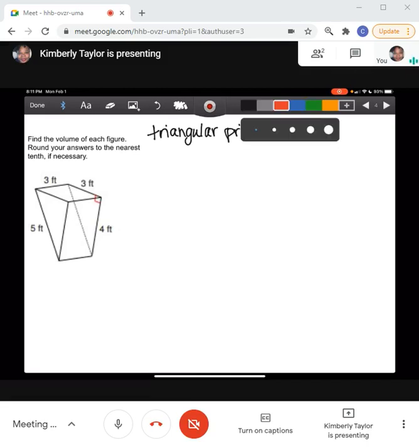Looking at this picture, I have a triangle here, the left side of the triangle, and on the right hand side, I have another triangle. I'm highlighting them in red, and they're exactly the same. As a matter of fact, it's a right triangle, which is a good thing. We can handle that.